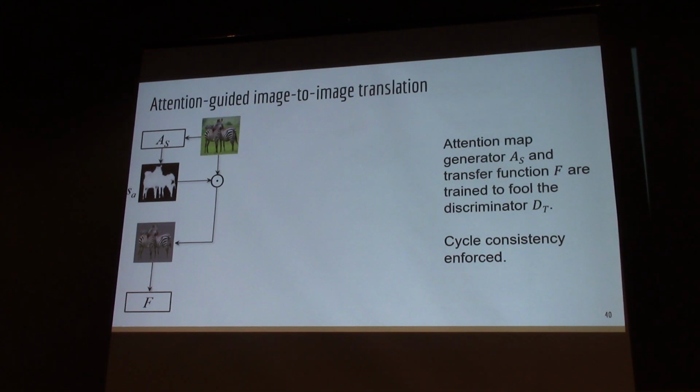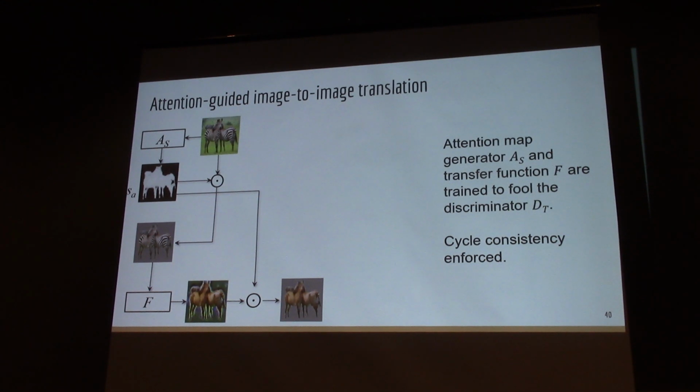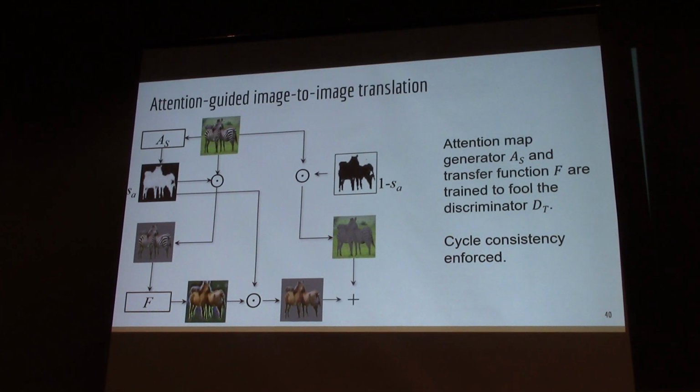And then I'm going to pass this into the translation function, which is going to produce me some psychedelic horses. And to get rid of the cruft, I'm going to then reapply the element-wise product. Okay, and in the background, I just want to keep that alone. So I take 1 minus the attention map, and then I'm going to add together the foreground and the background.